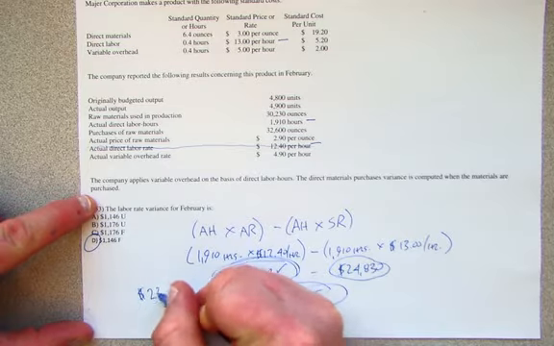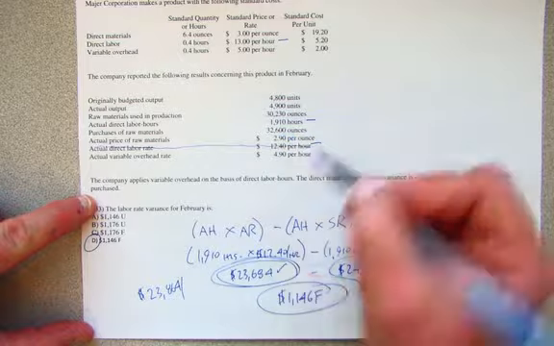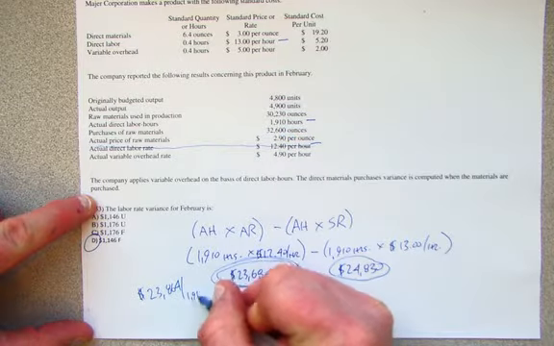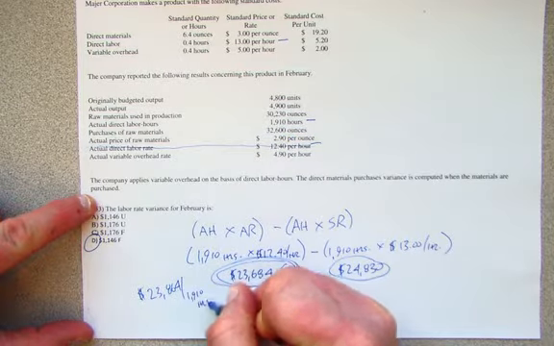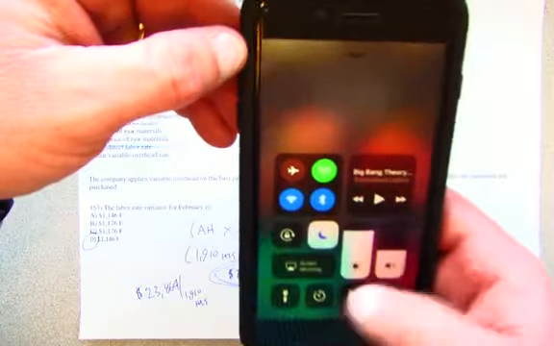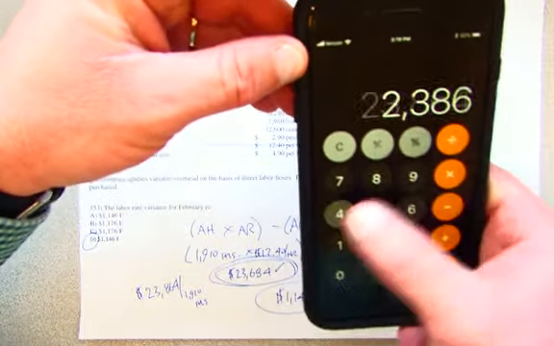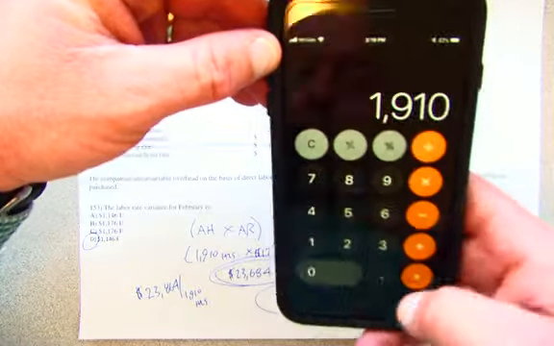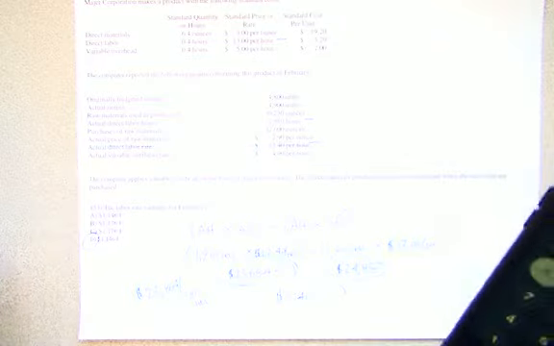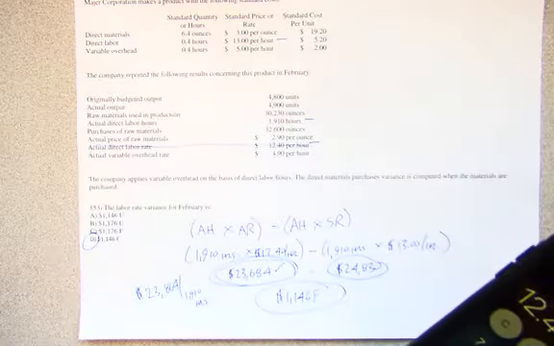You would just have to back into it. $23,864 divided by 1,910 hours. You could certainly get your calculator going: 23,864 divided by 1,910, and you could figure out that the average labor rate was $12.49 per hour, which we see right there.